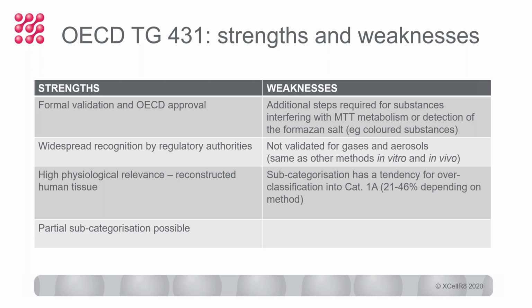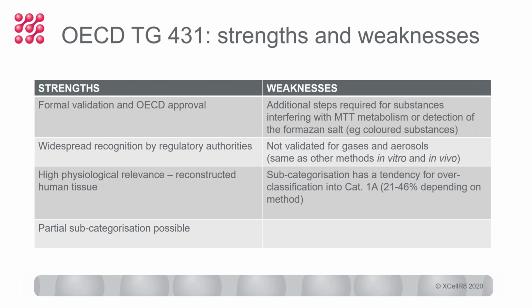But the good news is there are additional controls that are built into the test to make sure that we're taking account of that. Now, this test is not validated for gases or aerosols. You'll see as we go through that actually none of the tests are either in vitro or in vivo. I think there's been some research in that area, but it's not formally validated.